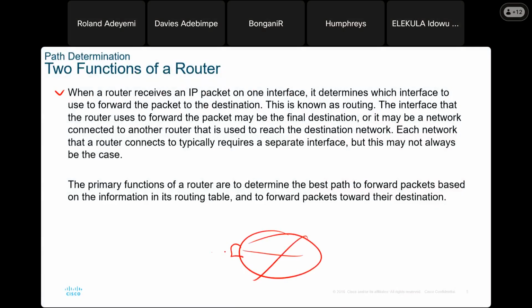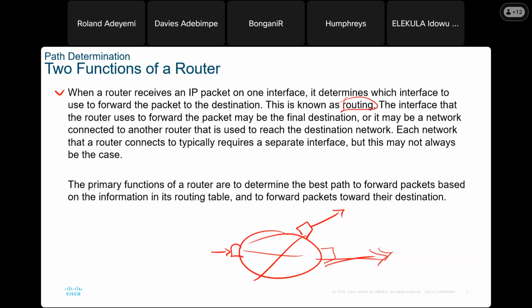If you receive a packet on one interface, because there is a connection on that link, what happens? It determines which interface to use to forward the packet to the destination. What if the router has, let's say, two different destinations? How will it know where to pass the message through? The message is going to go to a particular destination.